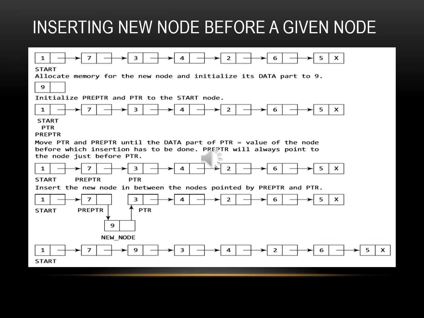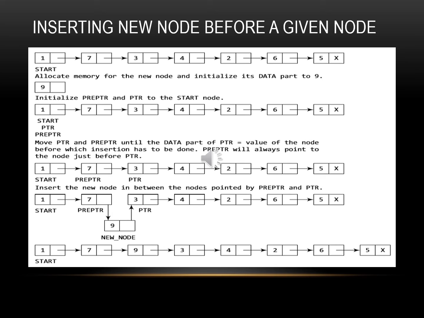That's all. Now this is quite similar to the previous one, that is inserting a new node before a given node. So suppose I want to insert a new node before a node which contains the value 3. That means basically I am entering the new node between 7 and 3. So here also we will take 2 pointer variables, pointer and pre-pointer, and we will keep moving the pointer and pre-pointer in such a way that the pointer reaches the data value 3.